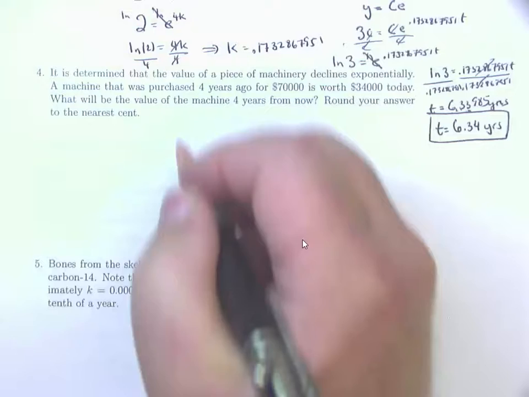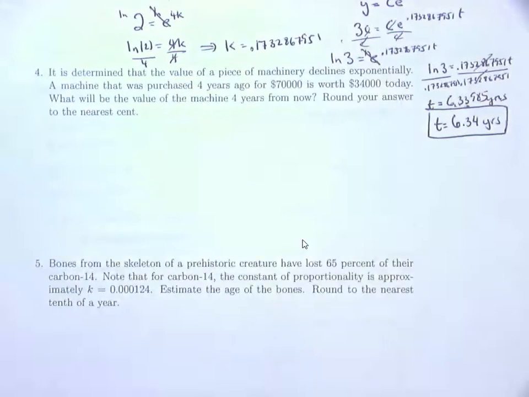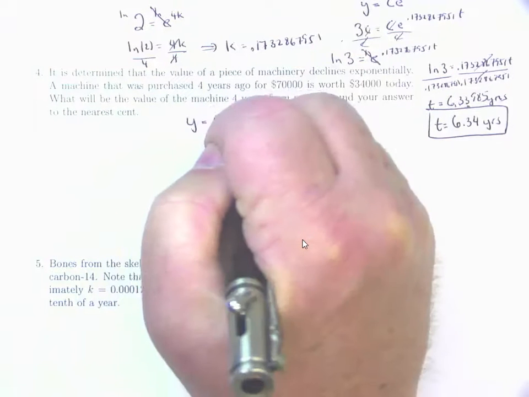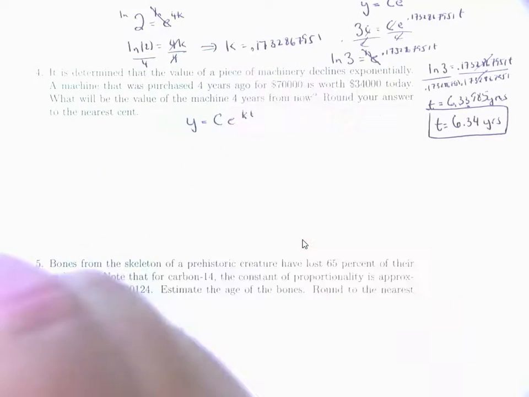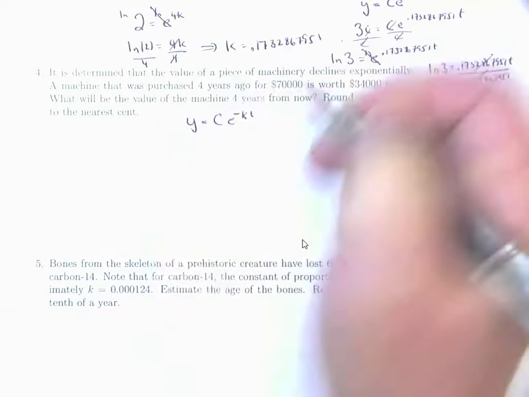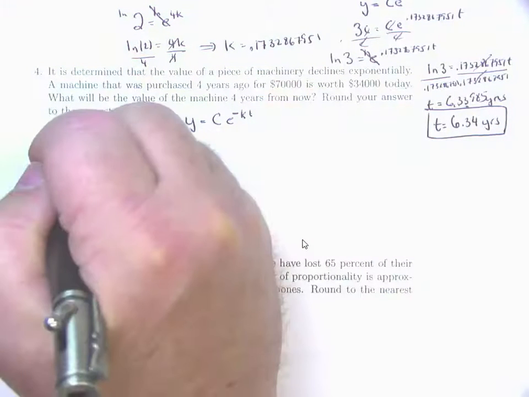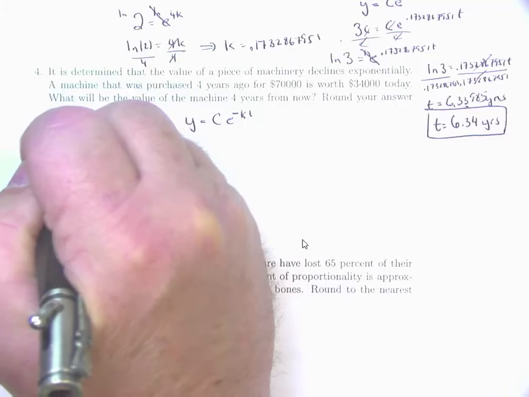So this is depreciation, but it's still exponentially decaying. So you have the formula y, or A, equals C e to the kt, but being exponential decay, this k is going to have to be negative. Does that make sense? So I know this is my model. Initially, 4 years ago, is time equals 0.